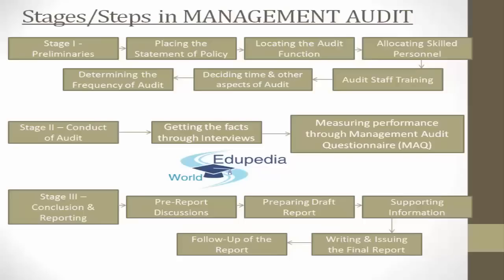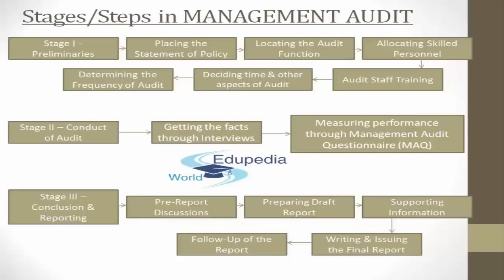These decisions will depend on various factors like the nature of the assignment, the number of auditors assigned to perform that work, and the need to employ a specialist when information is not available within the entity. So these are the deciding factors for the time and other aspects: your time required, your cost, your use of experts, the nature of the assignment, and the number of auditors assigned to perform that work.